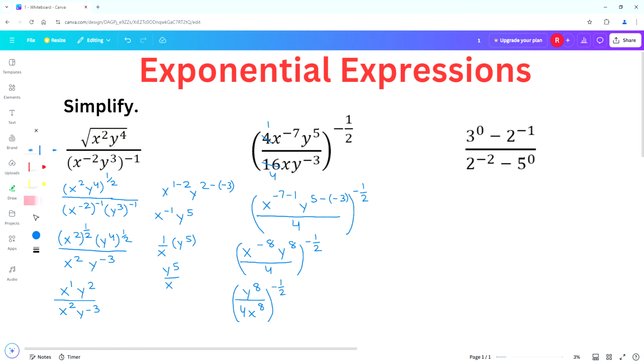Next, we can make the outer exponent positive by flipping the fraction. Next, we can distribute the outer exponent 1 over 2 to all terms in the fraction.